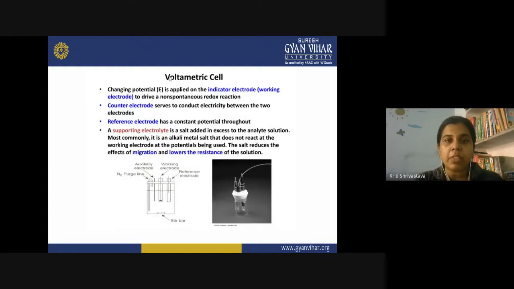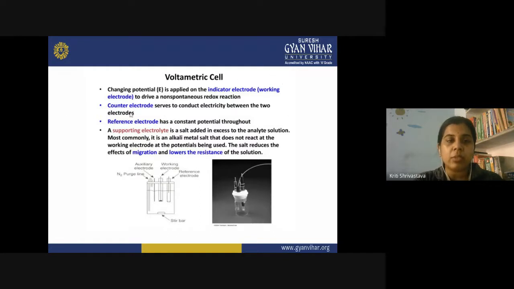So in a voltammetric cell, we have three types of electrodes: the working electrode, the counter electrode, also known as the auxiliary electrode, and the third one, the reference electrode. The working electrode is the place where the actual reaction takes place, whether your analyte is getting reduced or oxidized. Whatever reaction it is undergoing, it will be performed on the working electrode.